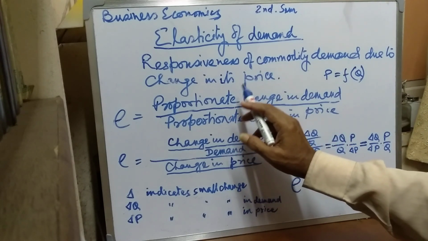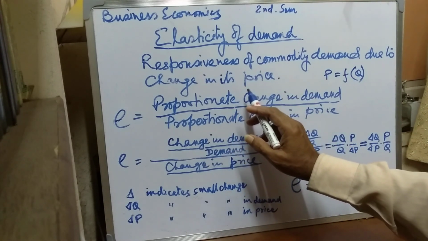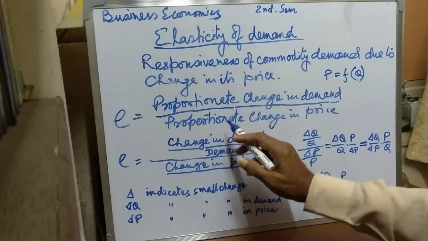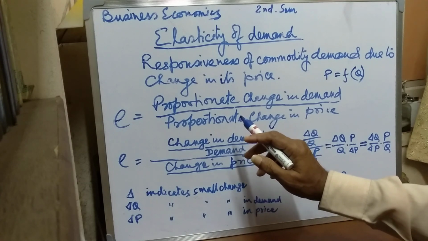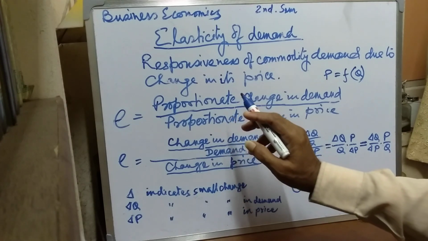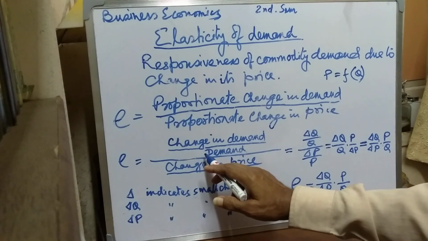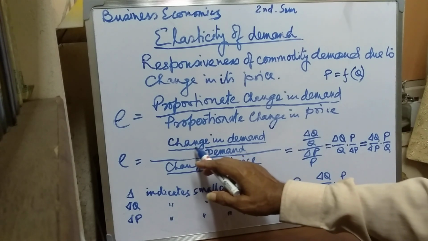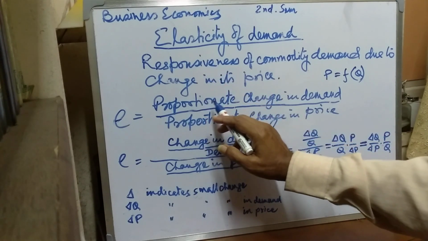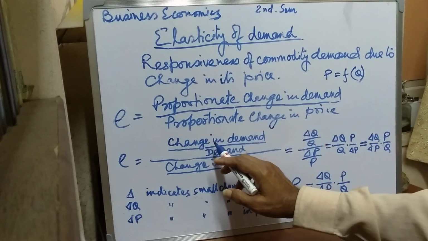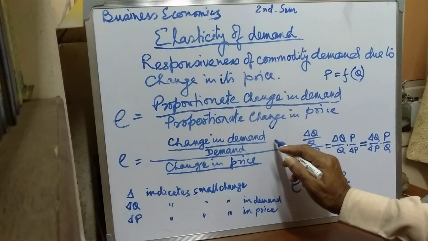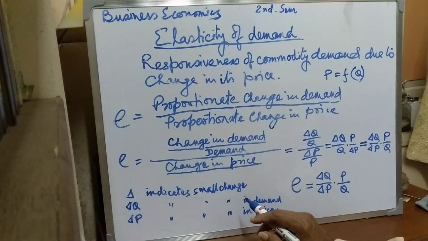Proportionate change means percentage change, that is change in demand by demand. Any change in demand should be analyzed with respect to total demand at that time. So actual demand and change in demand give the proportionate change. It may also be percentage change if we multiply it by 100.